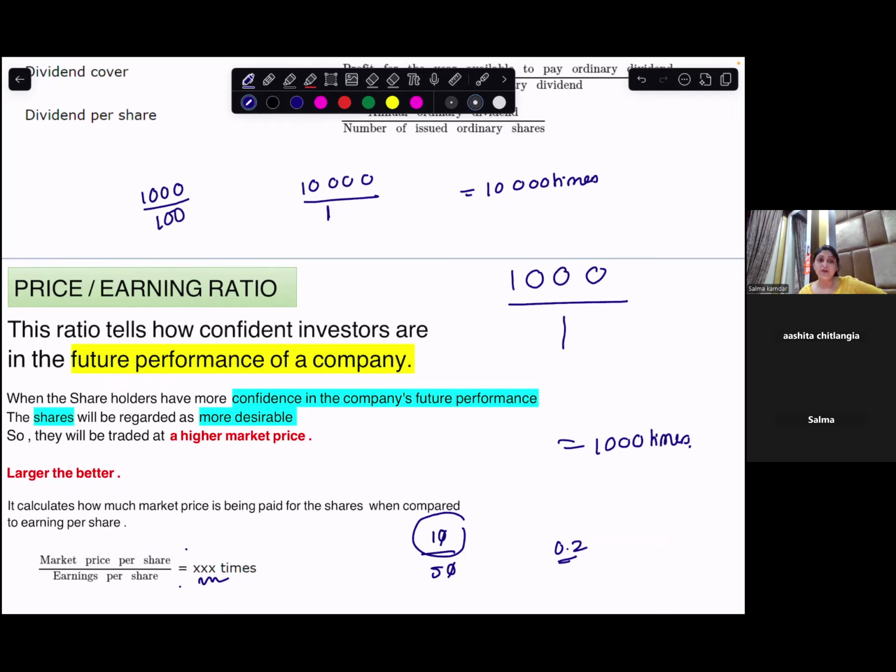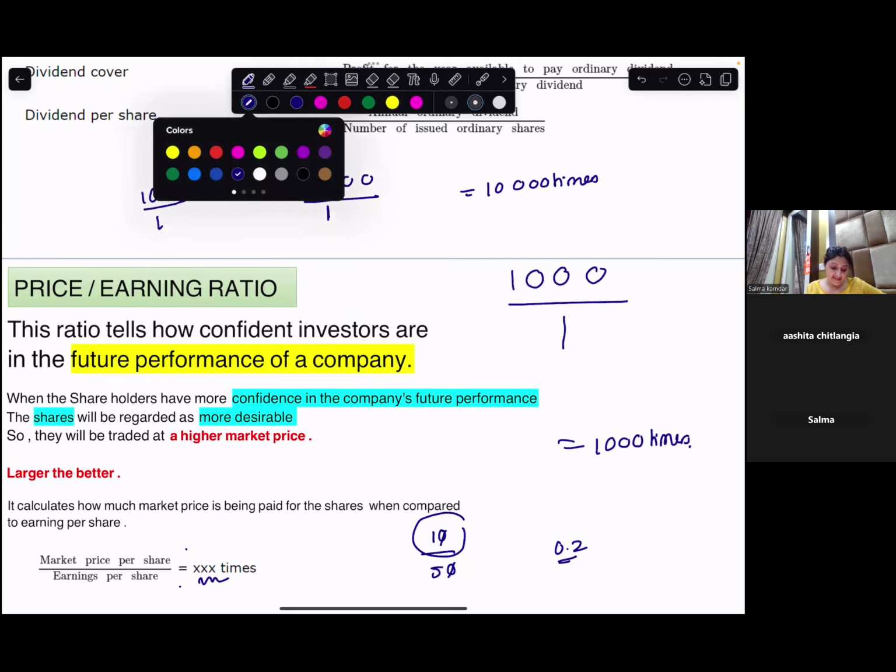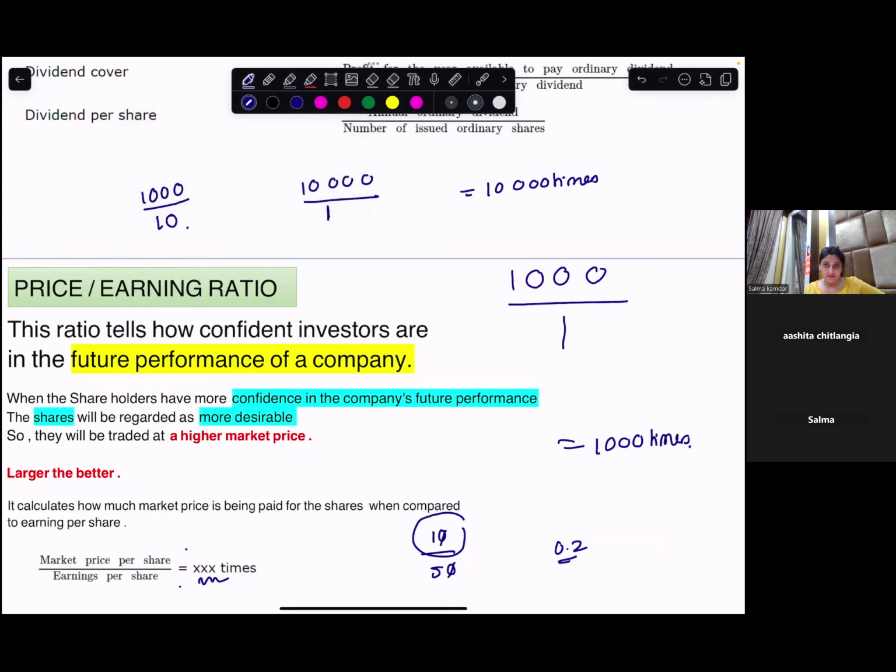Or let's make it more practical. He's charging 1,000 and he's taking 10 lectures. This will be 100 times. So tell me whose students are more confident?